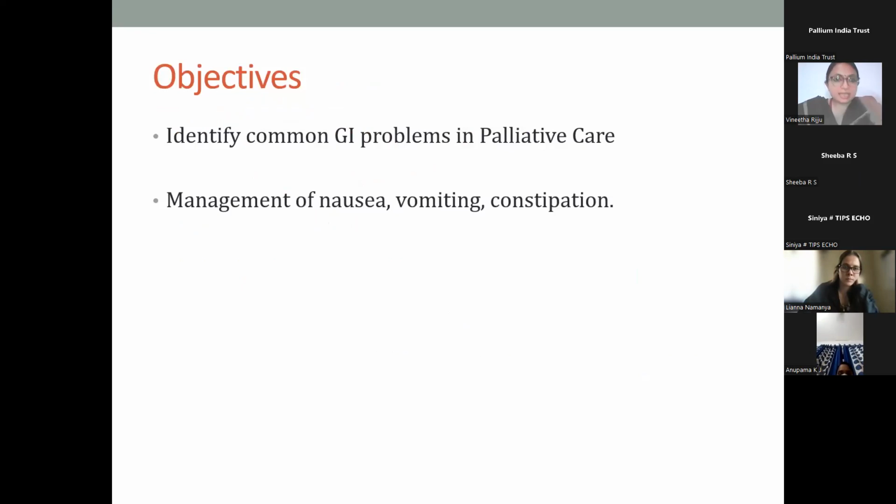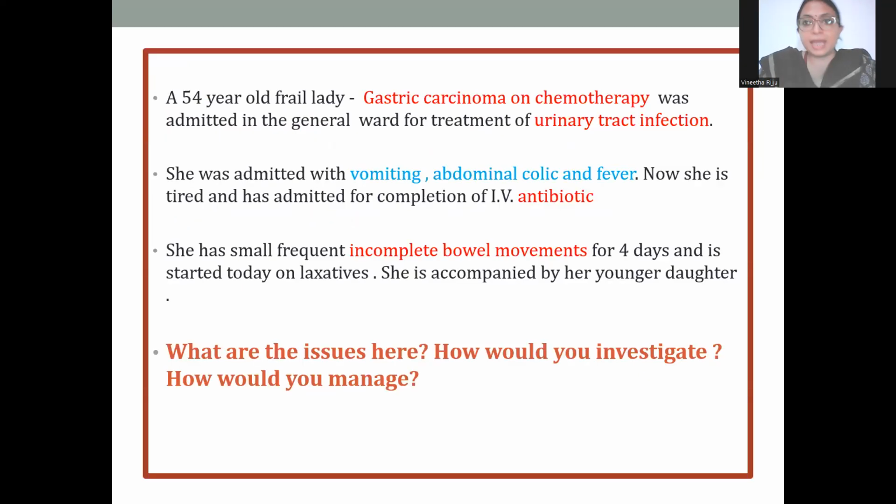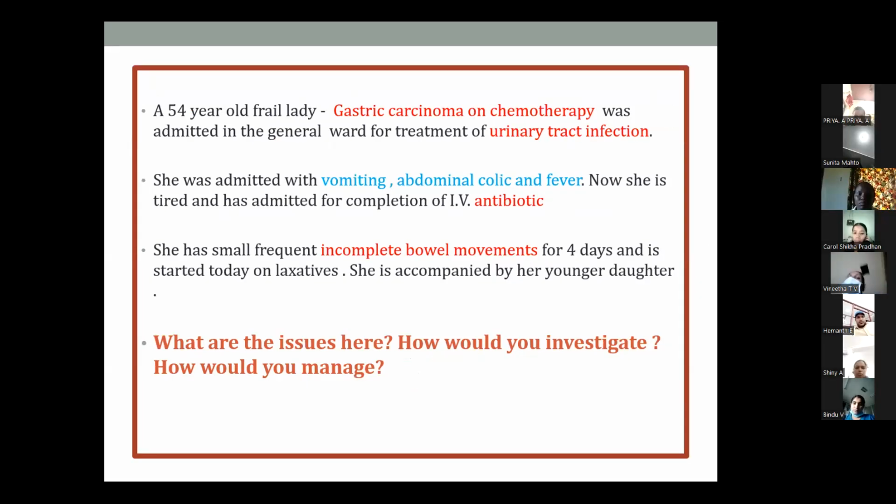Yes, so we shall see what the common GI problems in palliative care are. We shall also see how to manage nausea, vomiting, and constipation. Now, this is a case presentation. This is just a small case that I wanted to tell you. This lady is 54 years old and has CA stomach. She is on chemotherapy and is admitted in the ward for urinary tract infection.